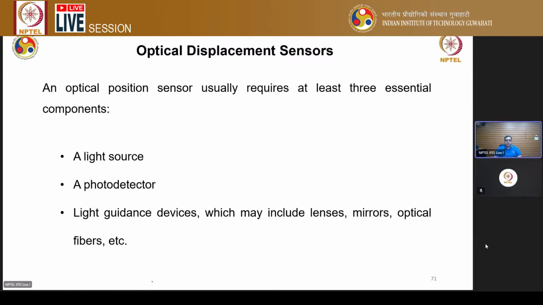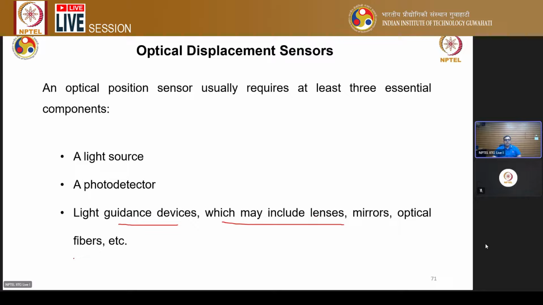Now let's talk about the basic construction of an optical displacement sensor. An optical displacement or position sensor will require at least three components: a light source, a detector, and a light guiding device, which may include certain lenses, mirrors, or fibers.